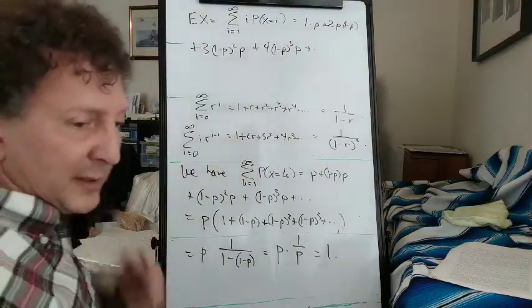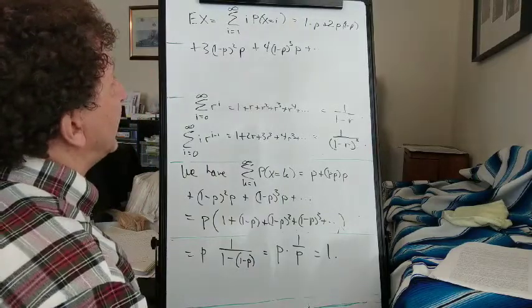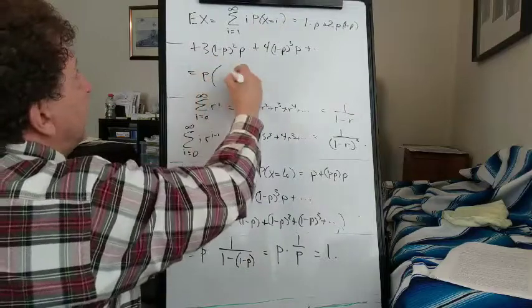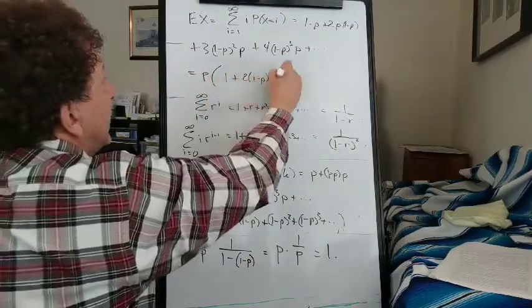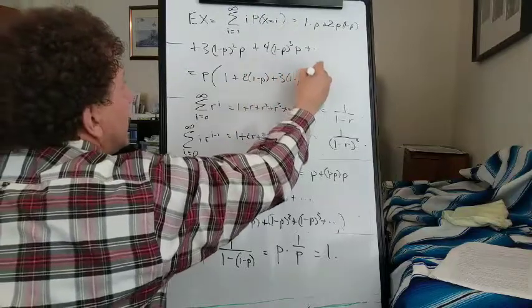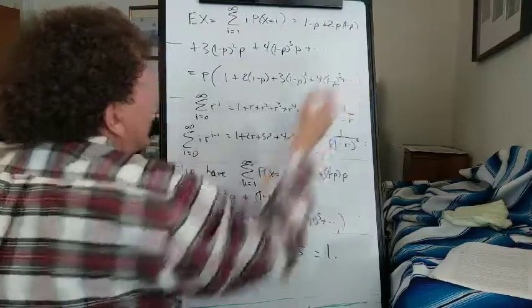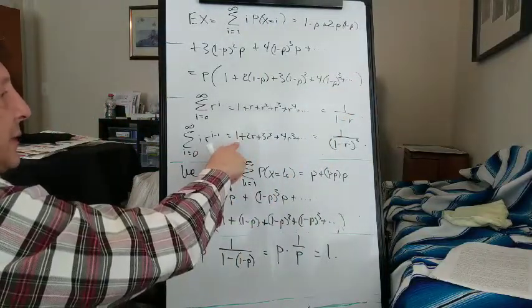Now what does this look like? Again, we have p everywhere that we can factor out. So this is p times (1 plus 2 times (1 minus p) plus 3 times (1 minus p) squared plus 4 times (1 minus p) cubed, etc.). And that's exactly this summation here.